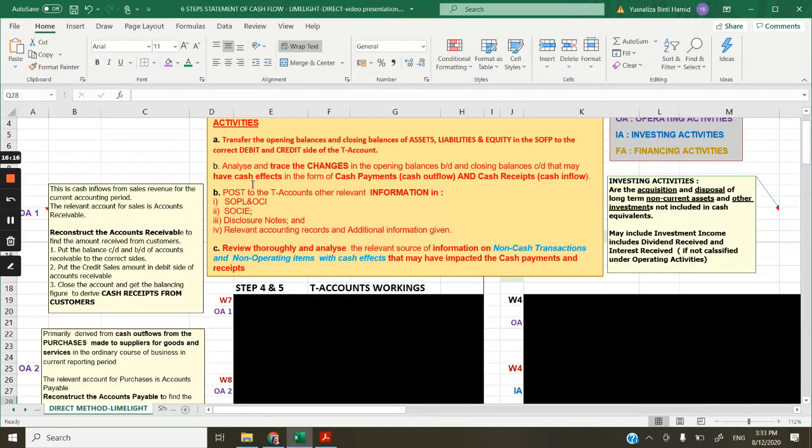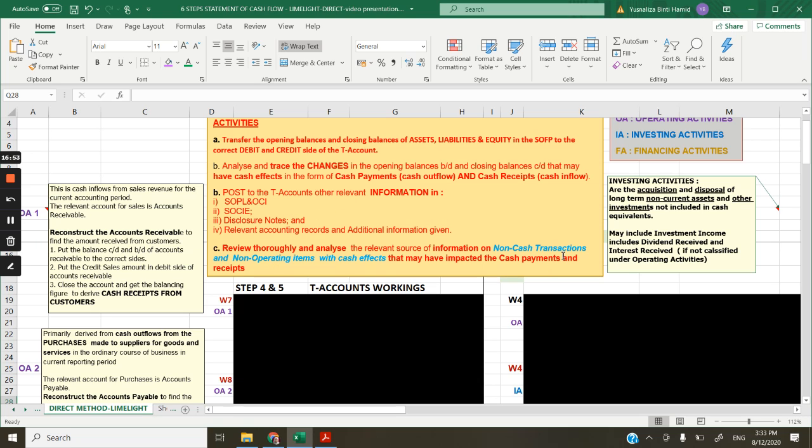So you also need to post other relevant information to the T accounts, so that at the end you'll be able to find out cash payments and cash receipts to the related parties, under operating, investing and financing. So you have to review your assets, liabilities and equity thoroughly, and analyze other relevant information to also trace non-cash transactions and non-operating items that may have impacted how much your cash payments and cash receipts are.